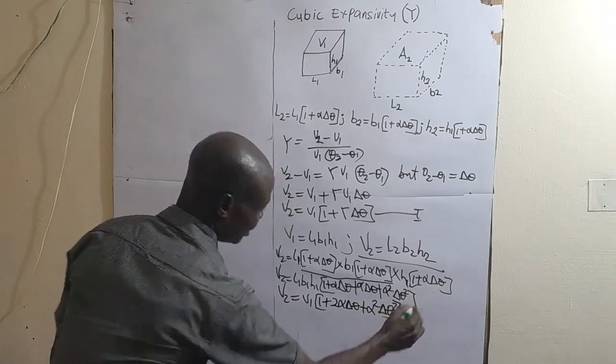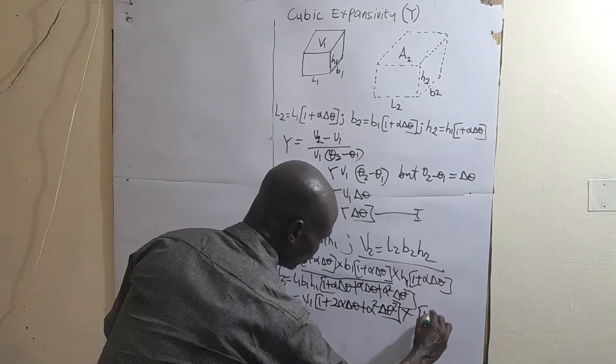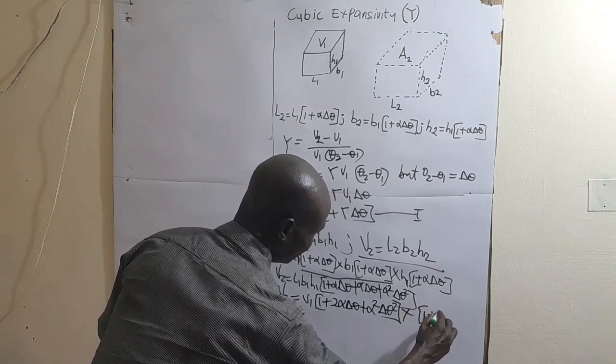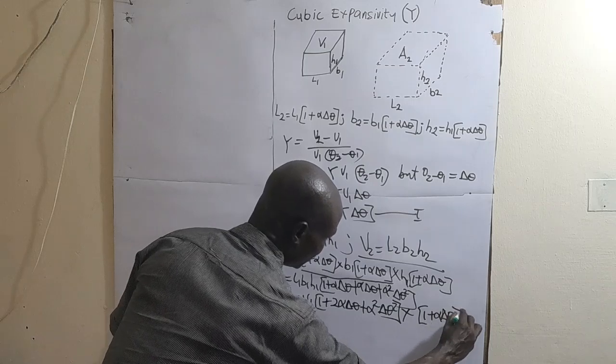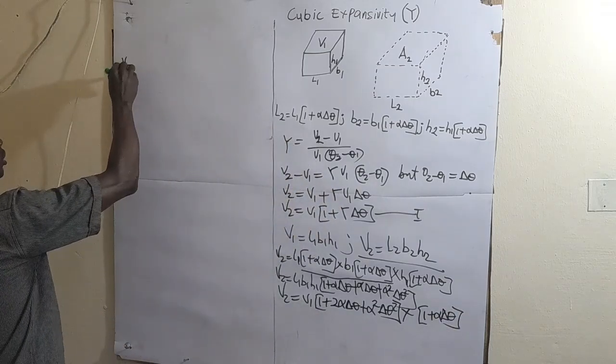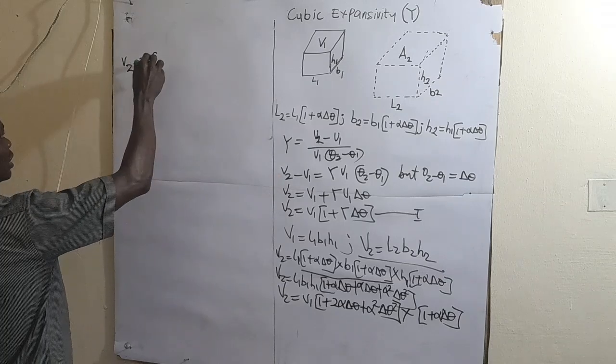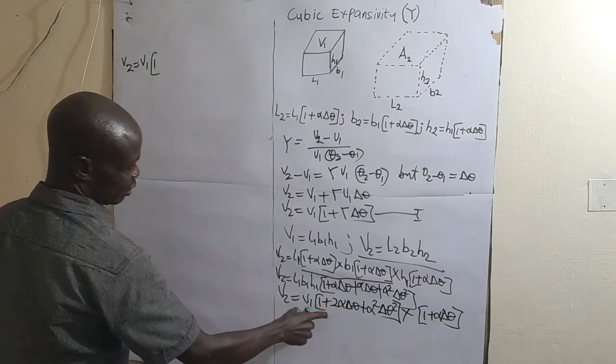Close bracket. Then multiplying it with this now, which is 1 plus alpha change in theta.